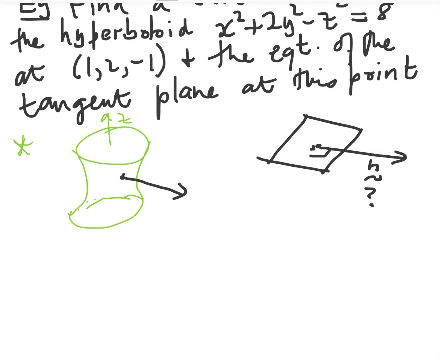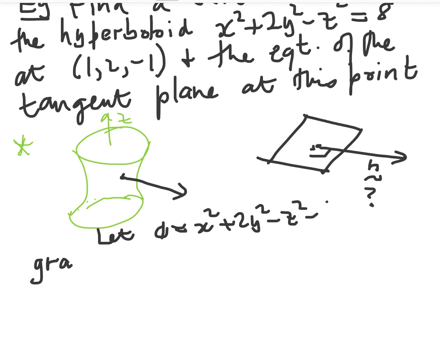Okay, so first of all, the grad of phi, if we need to define phi, of course, I said previously that if phi is not given, we can take everything to the left hand side and define that as phi. So you may want to say let phi be equal to x squared plus 2y squared minus z squared minus 8.